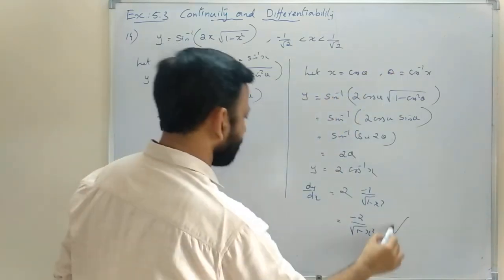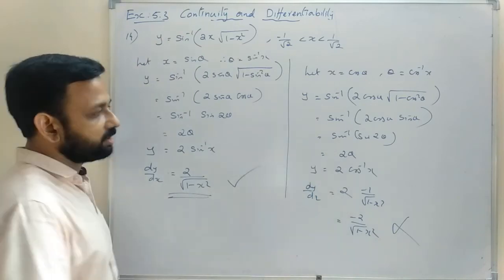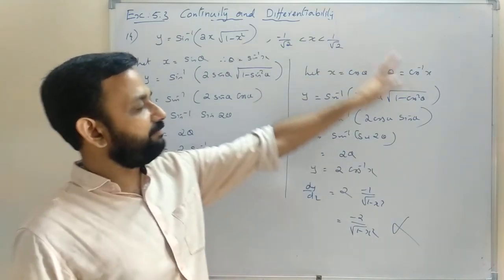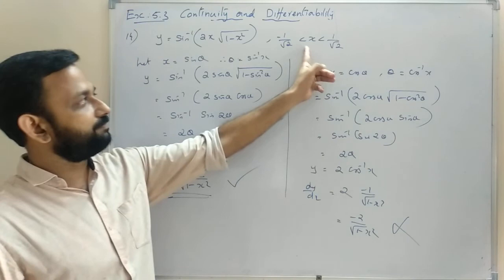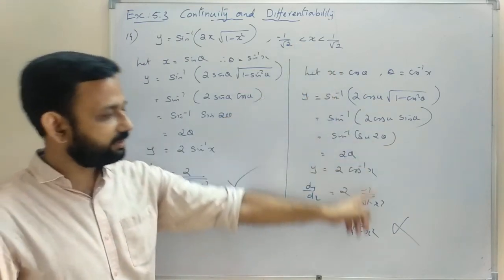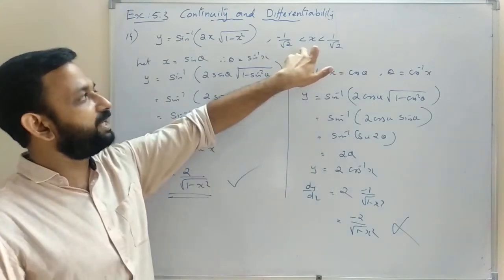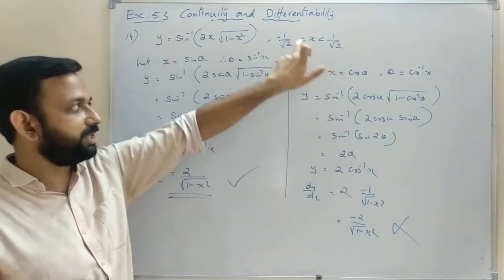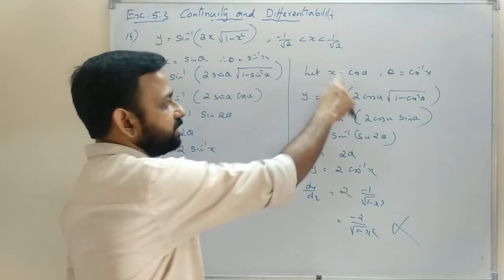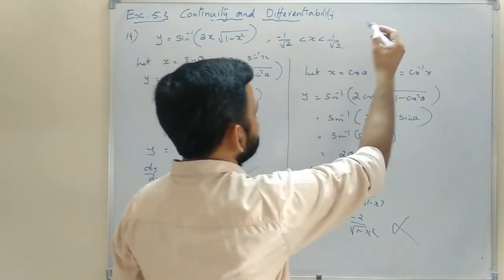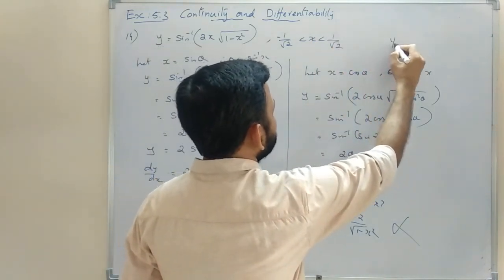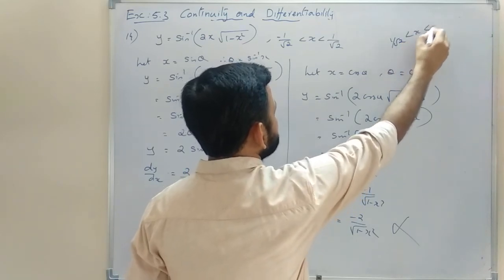This answer is wrong, because when we take this interval, in this interval 2 theta will not be in the principal value branch. So if you want to do this substitution, the interval should be 1 by root 2 less than x less than 1.